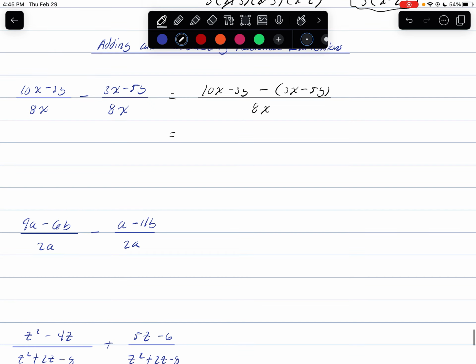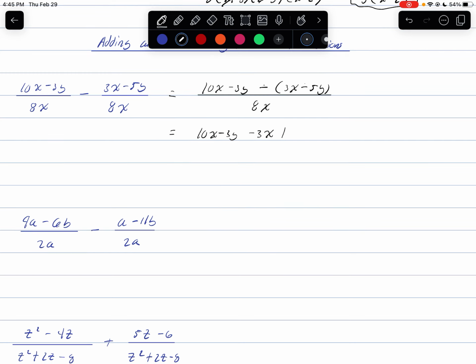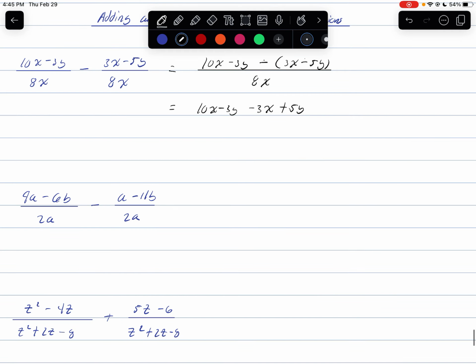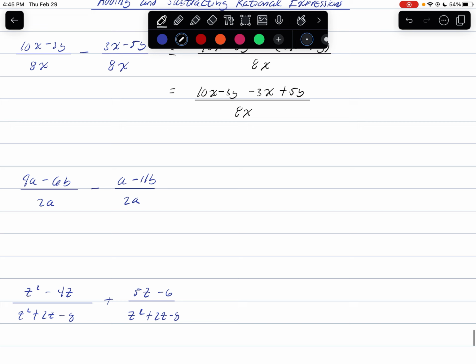Now all we have to do is simplify the numerator. So we're going to have 10x minus 3y. Then if we distribute this negative sign, we'll get minus 3x, and we have minus a negative 5y, so that'll become plus 5y, again all over 8x. Now all we have to do is combine like terms.